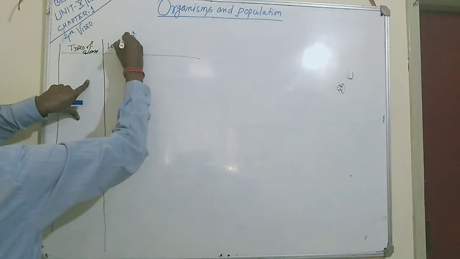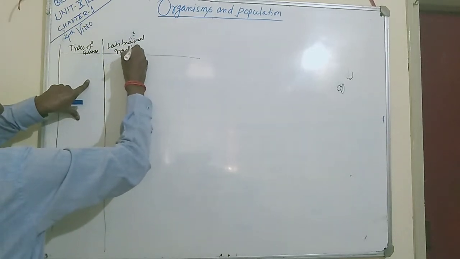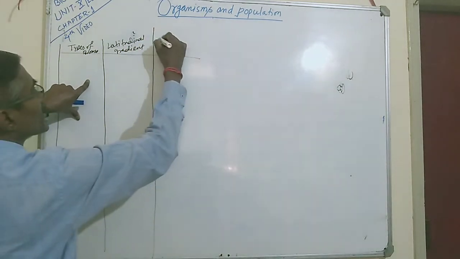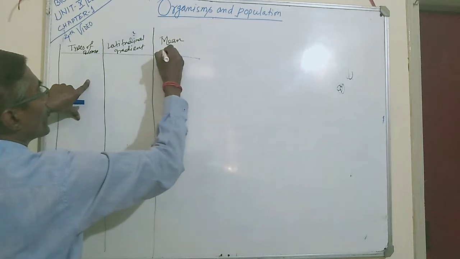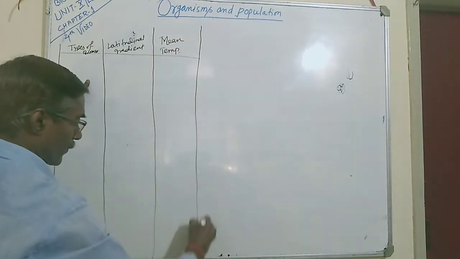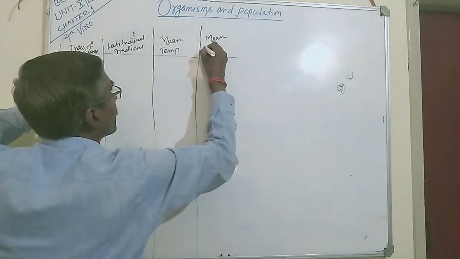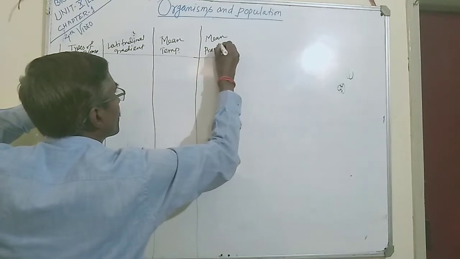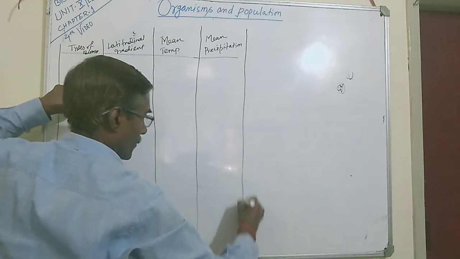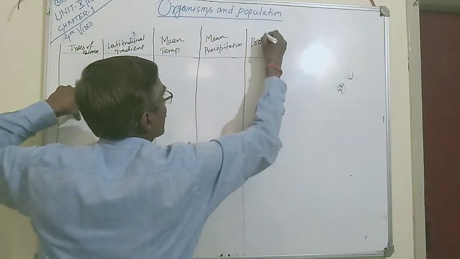Latitudinal gradients, mean temperature, mean rainfall or precipitation, another is productivity.